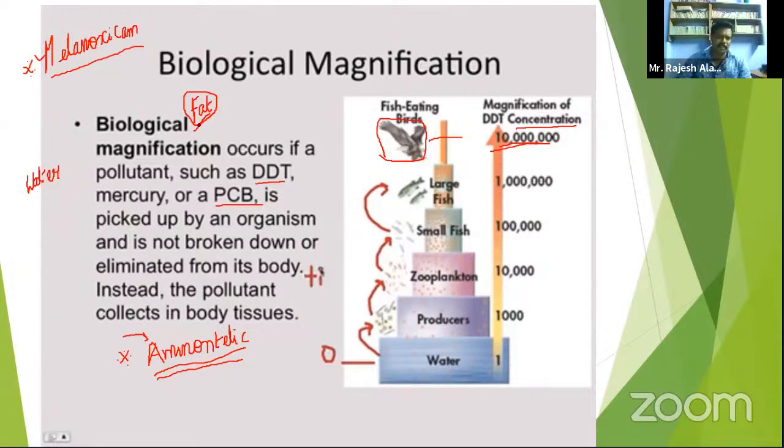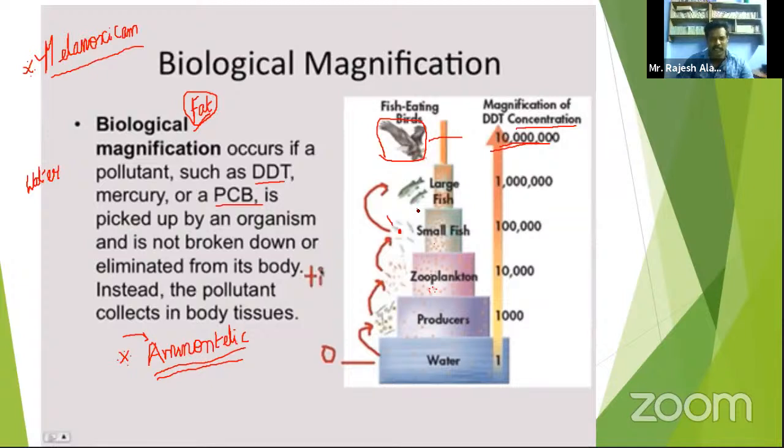By this way, the chemical, say DDT, is present in zooplankton and in small fish body. If it is fat soluble, the DDT will be attached with the fat of the fish. Only ammonia will be released outside. The chemical will get attached with the fat.